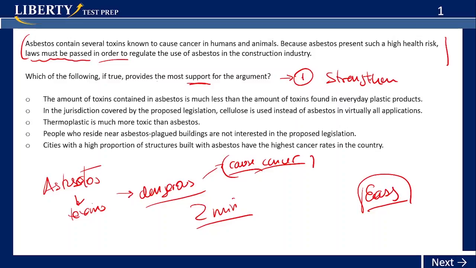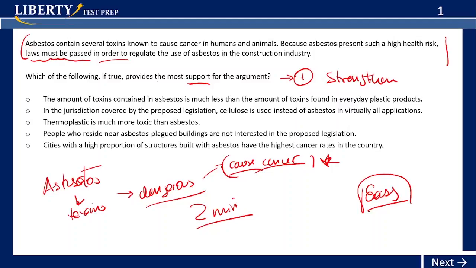Maybe besides causing cancer, it also causes something else. We just want to keep saying bad things about asbestos, right? Because if we are going to strengthen the regulation, if we're going to argue for the regulation, we want to say that asbestos is very dangerous. So we just want to keep on adding things. Okay, we already know it causes cancer, but we want any sort of new information regarding cancer or regarding any other drawbacks that the use of asbestos may present.